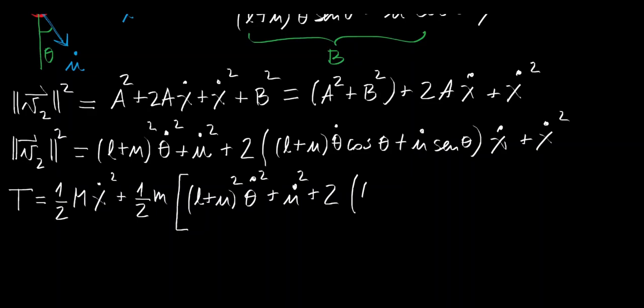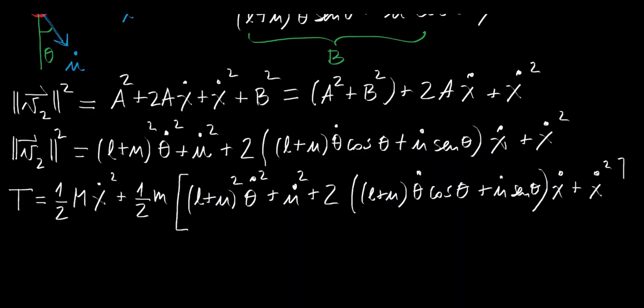Times 2 (L plus u) theta dot cosine of theta plus u dot sine of theta, all this multiplied by x dot, finally plus x dot squared. Okay, here we have it, the kinetic energy.